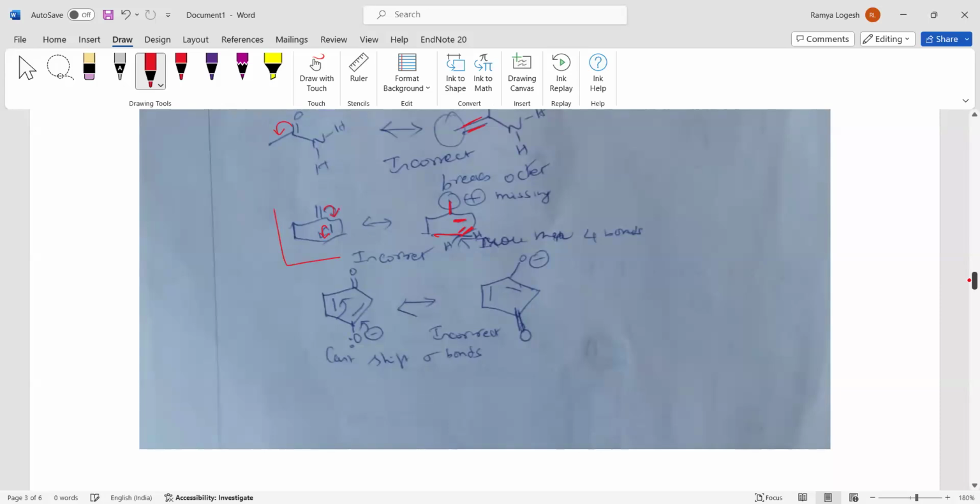Is it correct or incorrect? It is incorrect because the bond has shifted from here, so this carbon should have a plus, which is missing. Also, you already have 2 hydrogens here. So if you go by the valency of the carbon, it is crossing more than 4 bonds. So therefore it is incorrect.